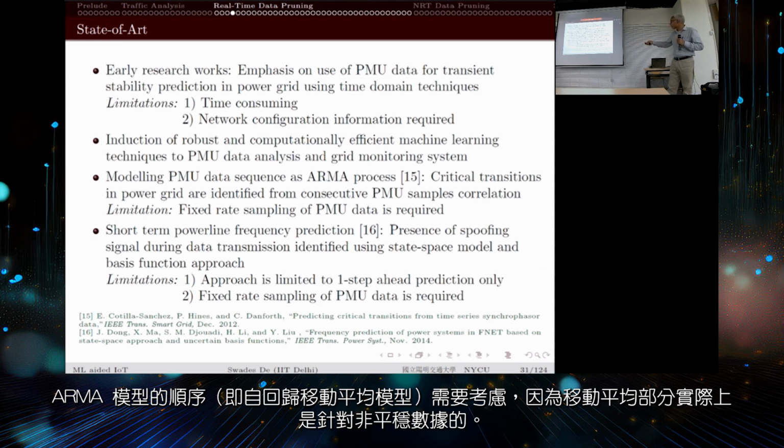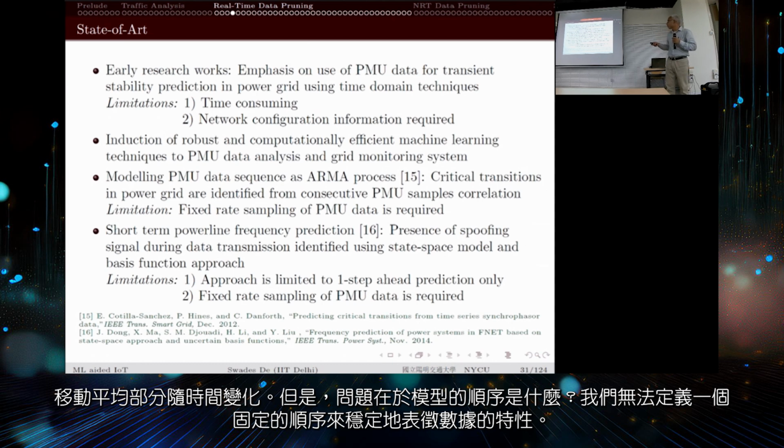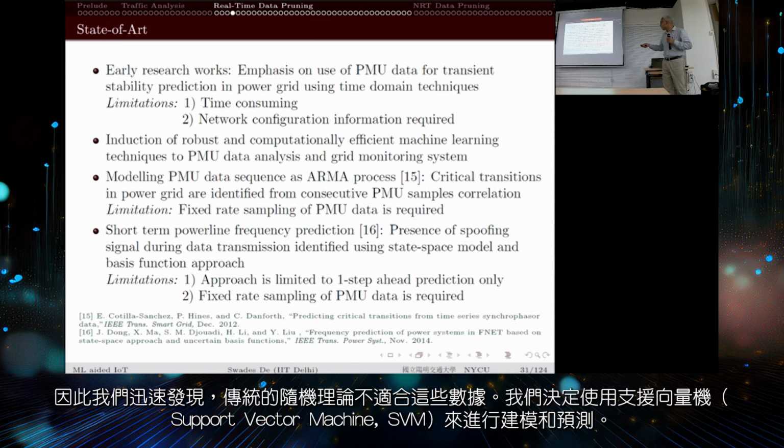We were not getting reasonably accurate ARMA modeling, because what order should we consider? ARMA is autoregressive moving average. The moving average is about non-stationarity, since the average is changing with time. But what is the order? We could not define any fixed order that stably characterizes the nature of the data. So we quickly figured out that we cannot use the classical stochastic theories we have at hand.